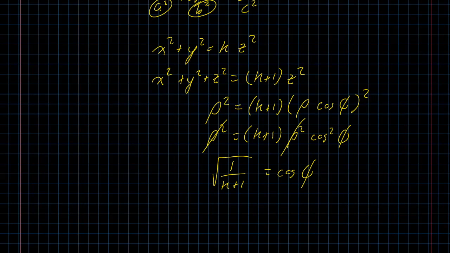So if we know the value of k, we can figure out the value of phi. If I chose something very simple like k equals 1, then phi is going to be equal to pi over 4, right? Cosine of pi over 4 is square root of 2 over 2, which is the same thing as the square root of 1/2. Choosing other values of k will give you other angles.